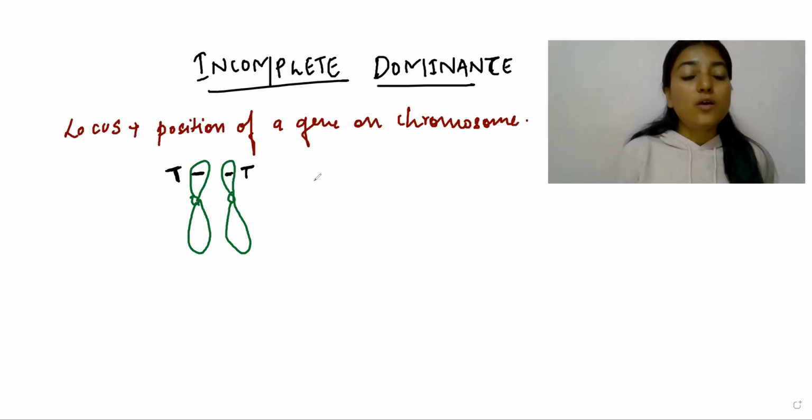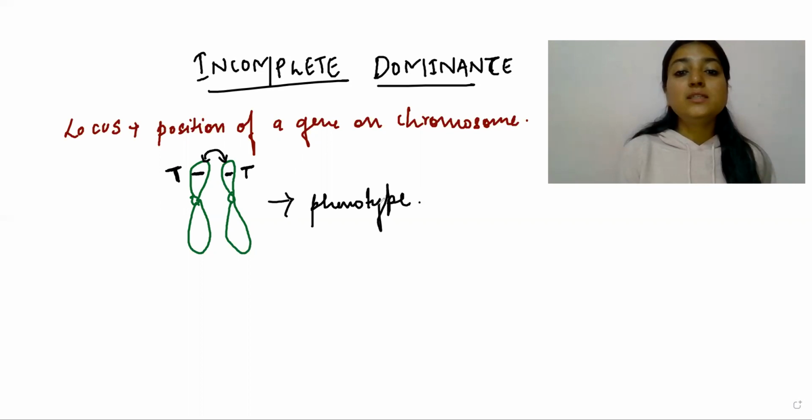Now, if interaction is happening between these two alleles and giving any type of phenotype, then this type of interaction is known as intragenic.